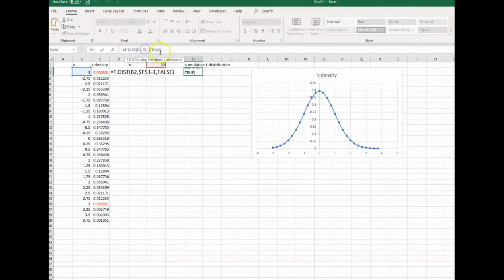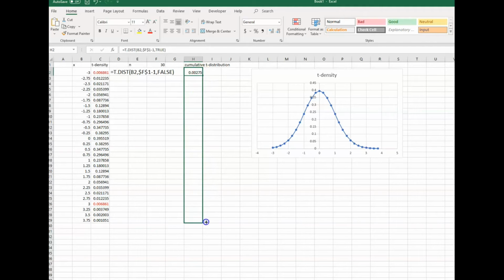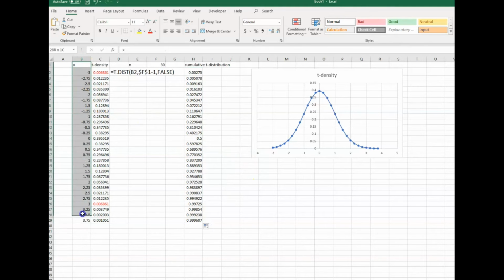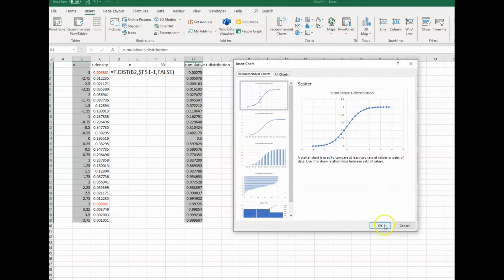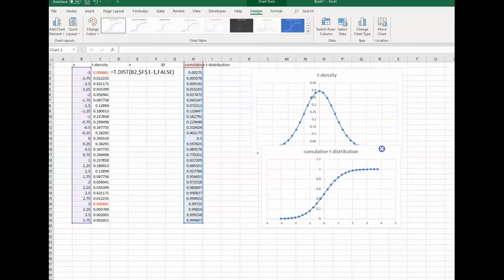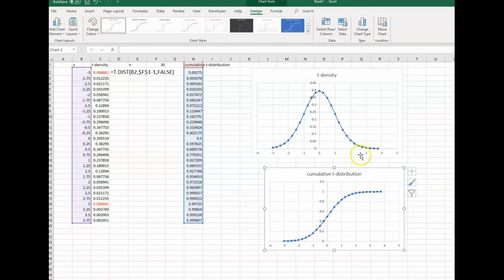Again, we hit F4 to fix the n. Then we highlight x and keep the control key down, highlight this one, then we insert recommended chart. And so this is our cumulative.